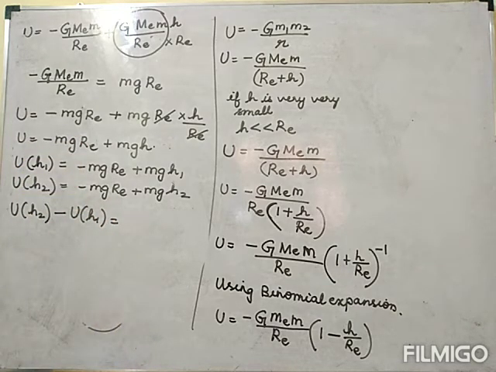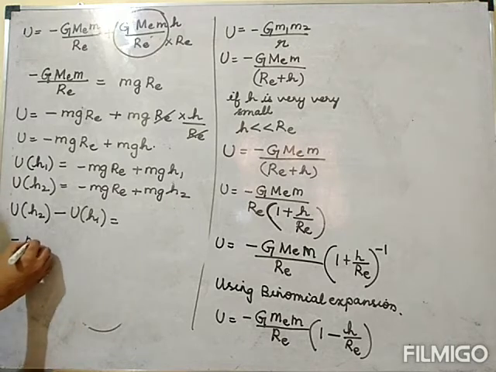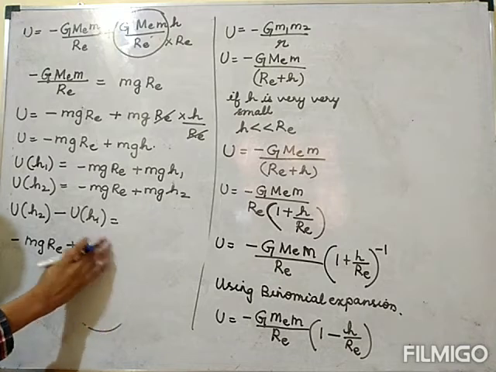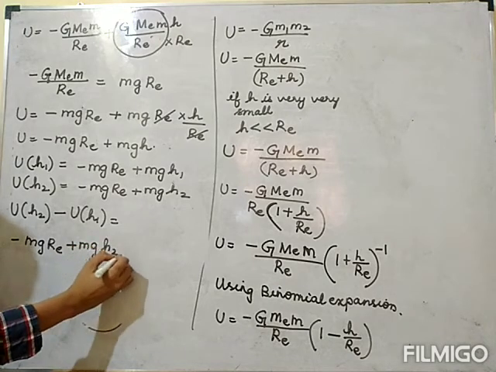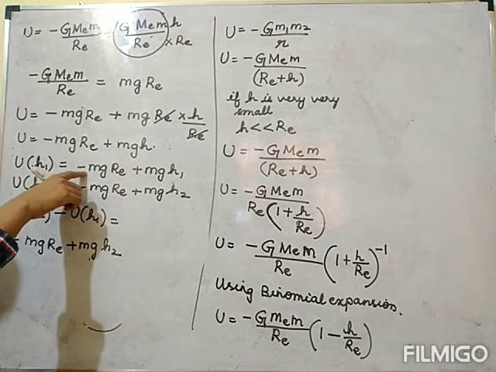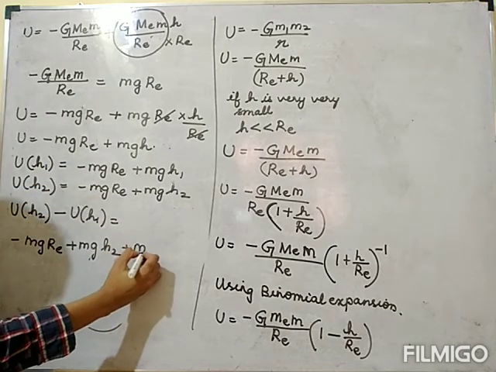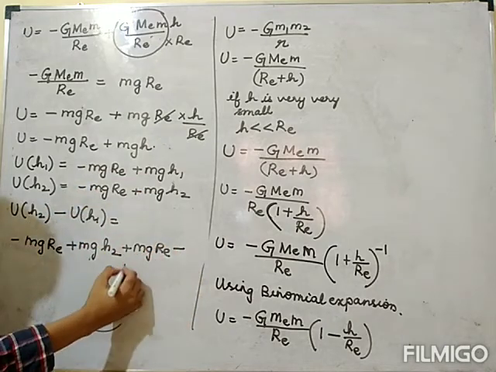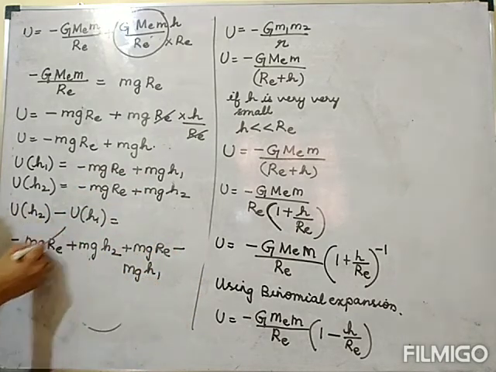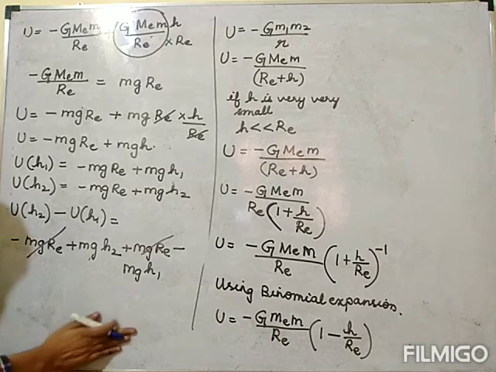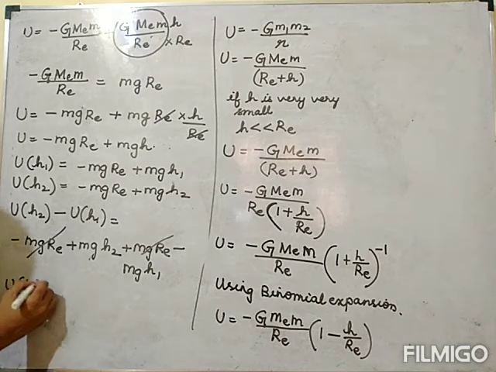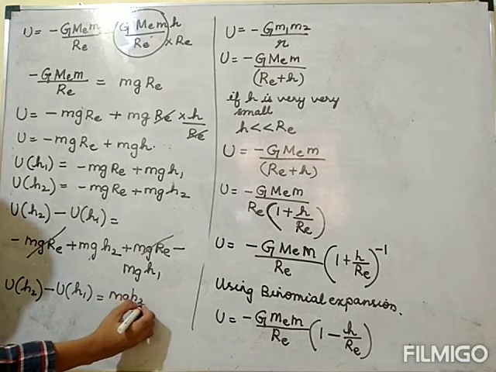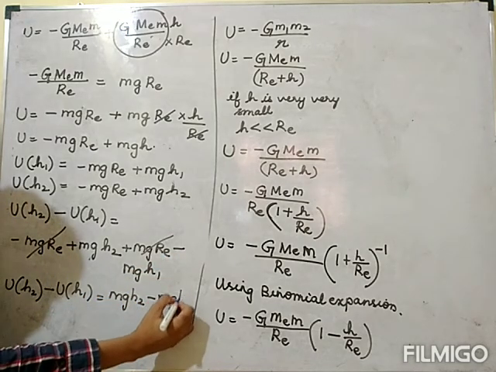So the change in potential energy, U at h2 minus U at h1, subtract these two, what you will get? Minus mg Re plus mg h2, minus into minus plus mg Re, minus into plus minus mg h1. This and this will get cancelled. So I will get U h2 minus U h1 is equal to mg h2 minus mg h1.